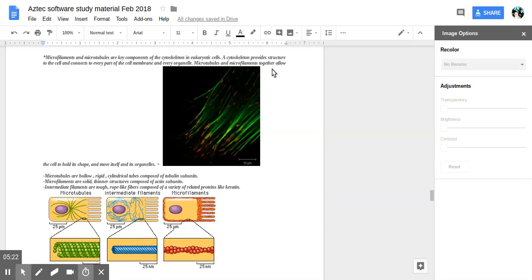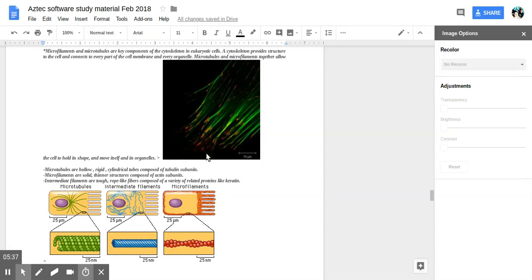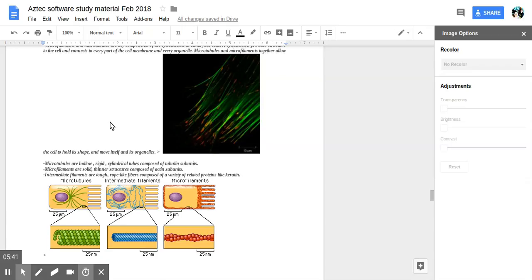Microtubules and microfilaments together allow the cell to hold its shape and move itself and its organelles. Thank you, Ruben. This is showing a stained sample of the microtubules and the microfilaments inside cells. It looks beautiful.